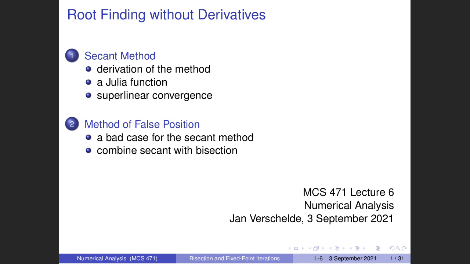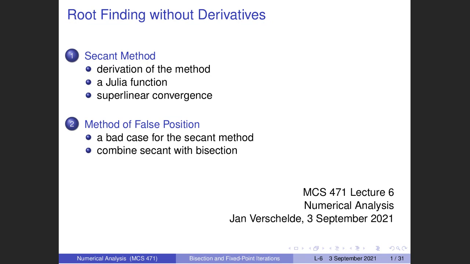Last lecture we used symbolic computing to get the derivatives, but this might still have been somewhat of a concern. Today we will see that we can also compute roots quite fast at a very good convergence without actually computing derivatives. And that method is the secant method.